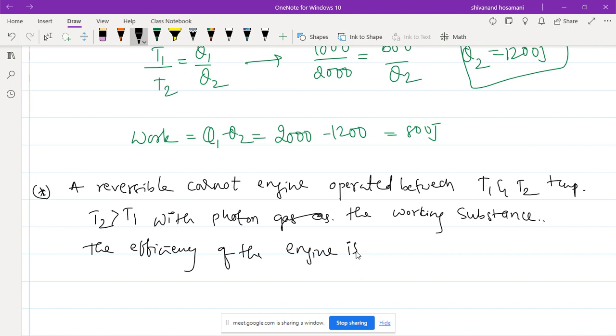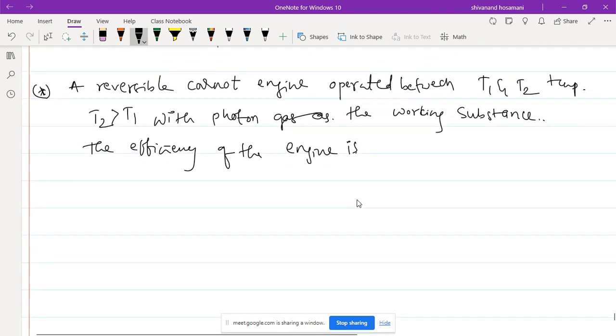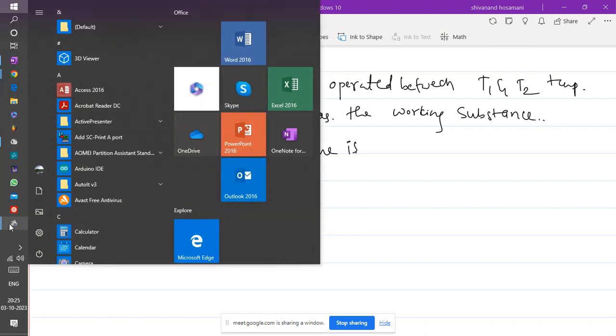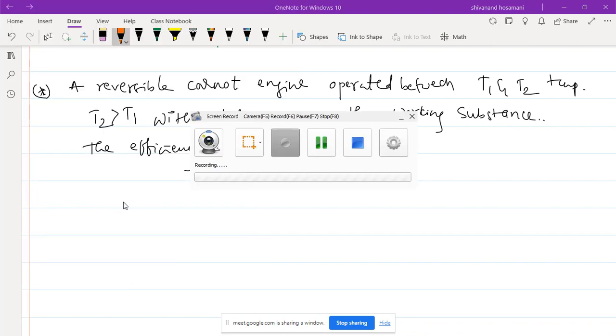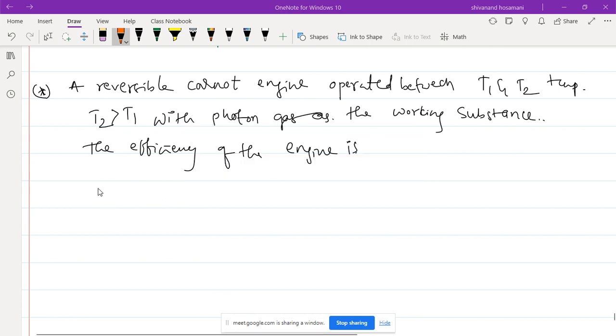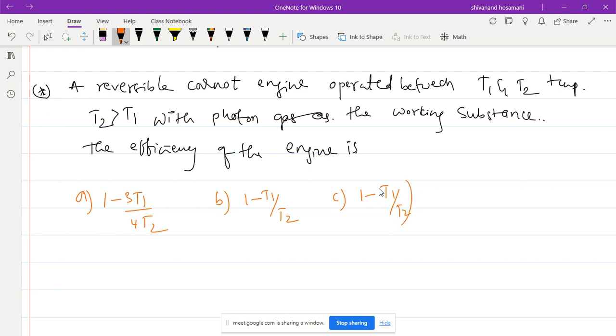How do you calculate? You tell me the options. Option A is 1 minus 3T1 divided by 4T2. Option B is 1 minus T1 by T2. Option C is 1 minus T1 divided by T2 whole power 3 by 4. Option D is 1 minus T1 divided by T2 whole power 4 by 3.